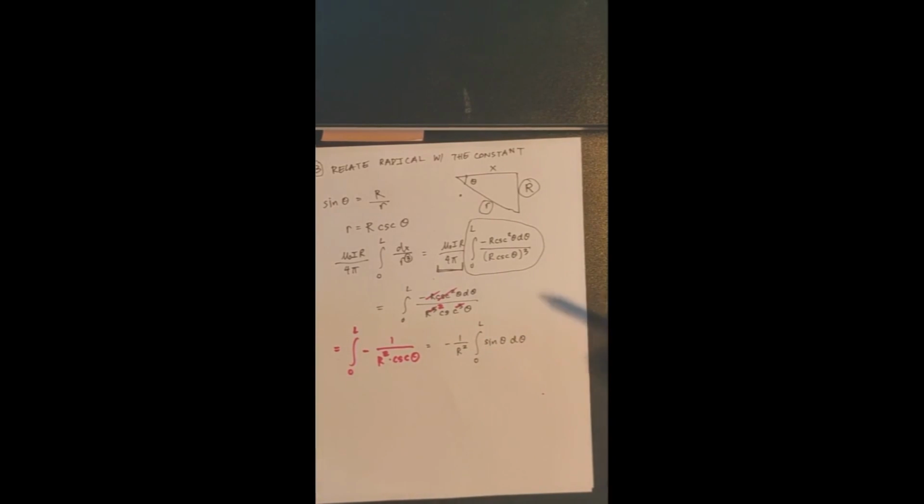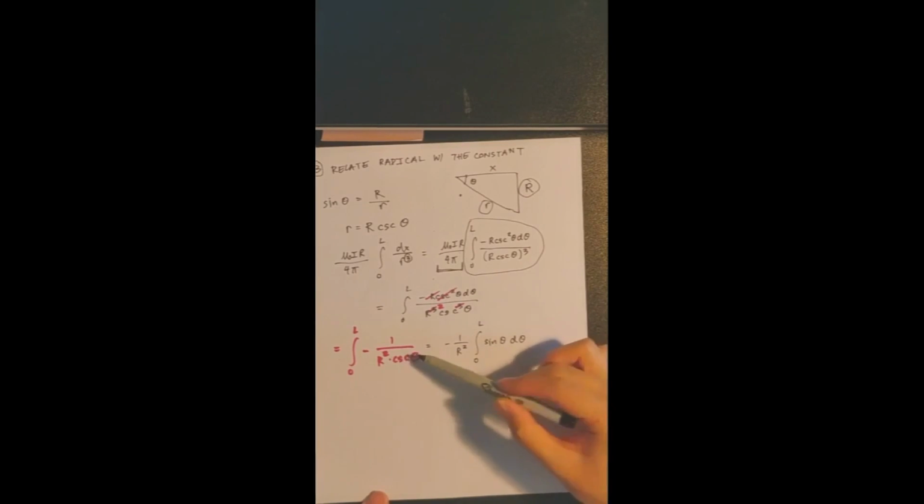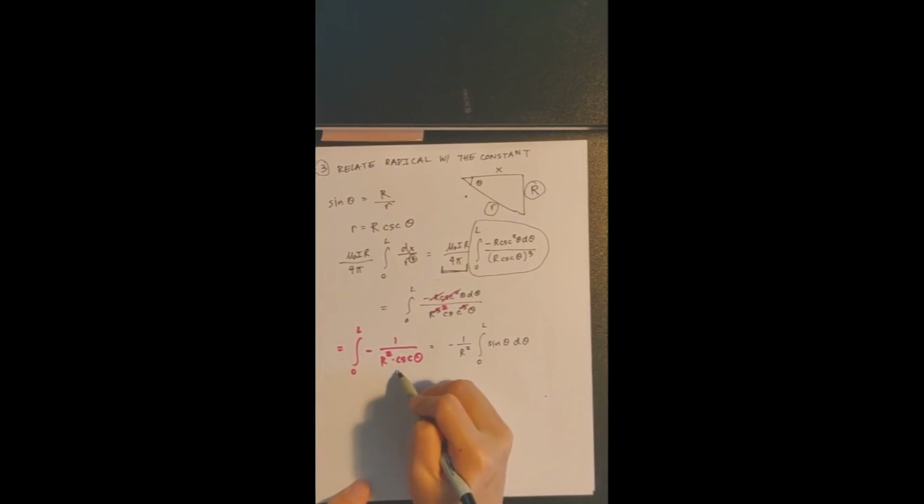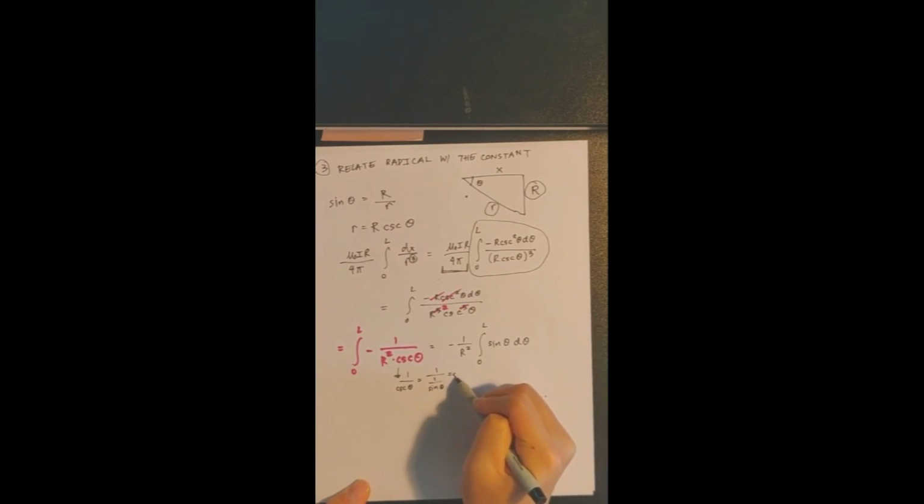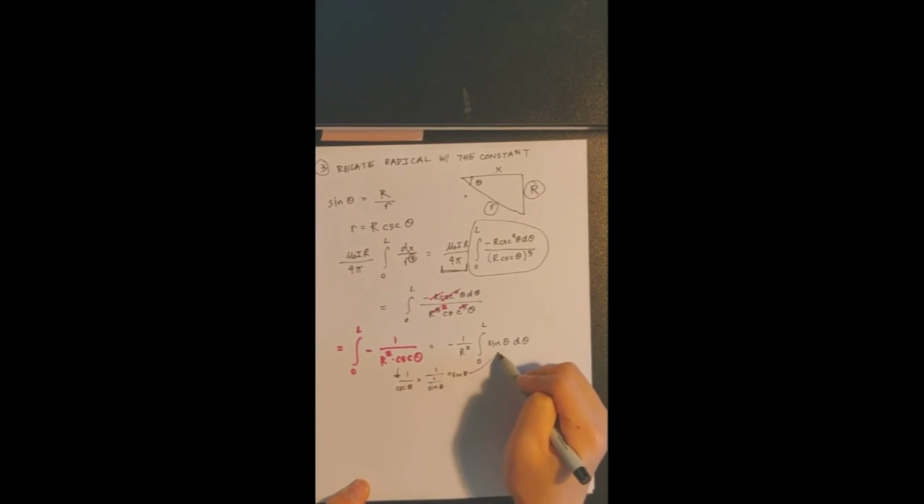And this is just going to be a simple integration. The reason why it's sine here is because 1 over cosecant theta is just equal to 1 over 1 over sine theta, which is just going to be sine theta. That's how we got sine theta right here.